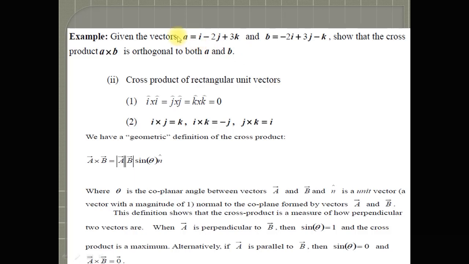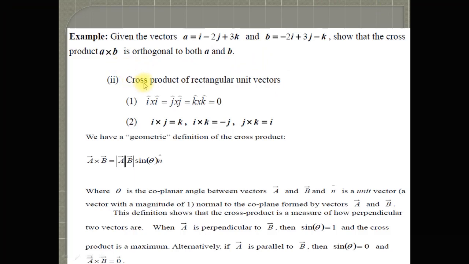Using the dot product of a with r, if the dot product of a with r is equal to 0, then r will be perpendicular to a, and if the dot product of vector b with r is equal to 0, b dot r is equal to 0, then we can say r is perpendicular to vector b also.